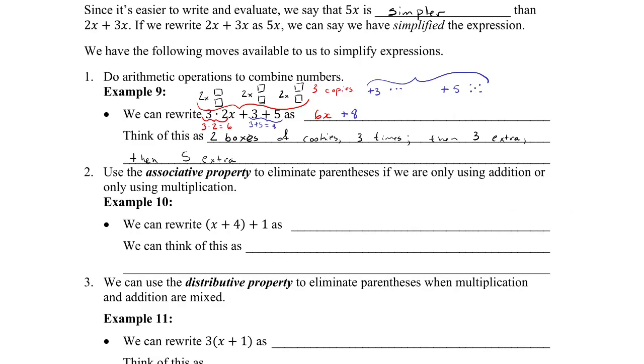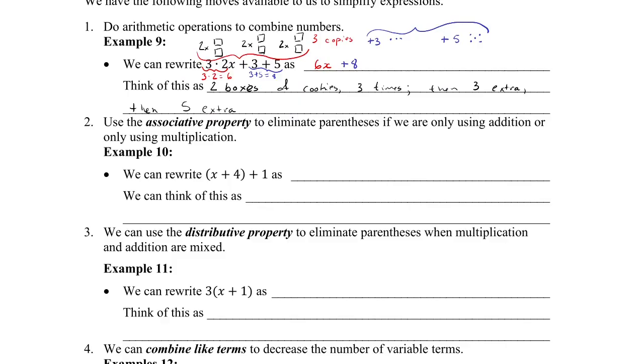But here in the expression (x plus 4) plus 1, these parentheses are saying you have to add the x and the 4 together first and then add 1 to it. Right, so we've got a box of cookies plus 4 extra cookies. And then 1 cookie after that.